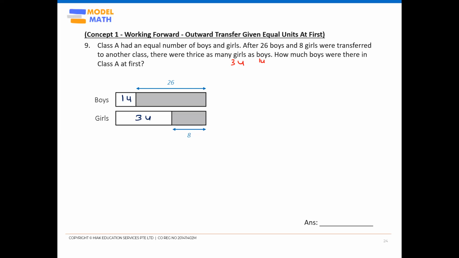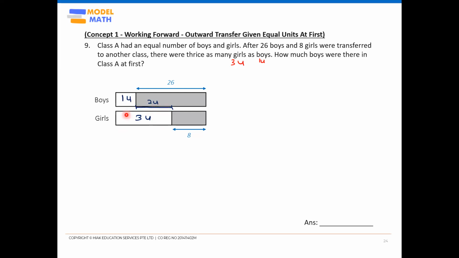Notice that if you look at the difference in units, the difference from here to here is the difference between the boys and girls in the end. So this is a difference of 2 units. 3U minus 1U is a difference of 2U.